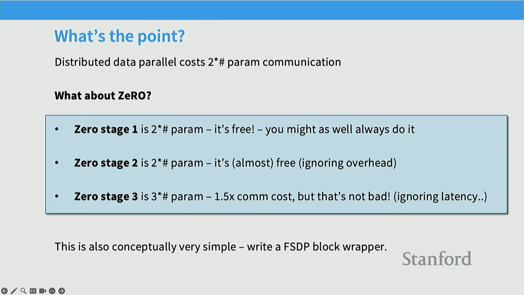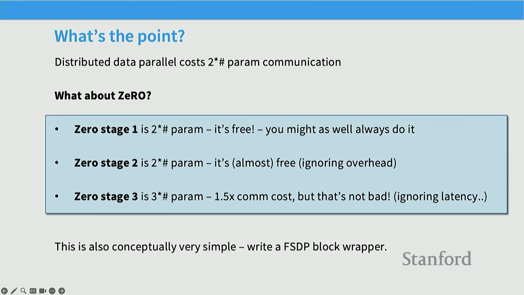ZeRO stage 3 is more involved. You do 3 times the number of parameters in communication cost, but it's not so bad, right? We did have some overhead in the diagram that we saw before, but if you really cleverly mask your communication patterns, it's actually pretty good. And so people use data parallel even for fairly slow links in your networking pattern. Okay? And this is also conceptually very simple.